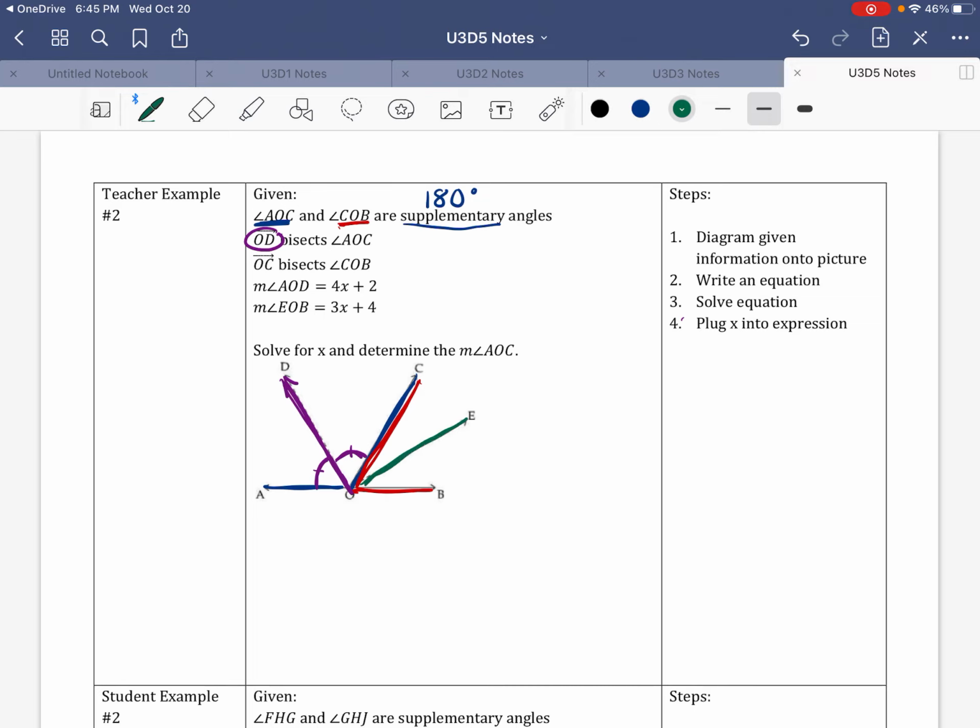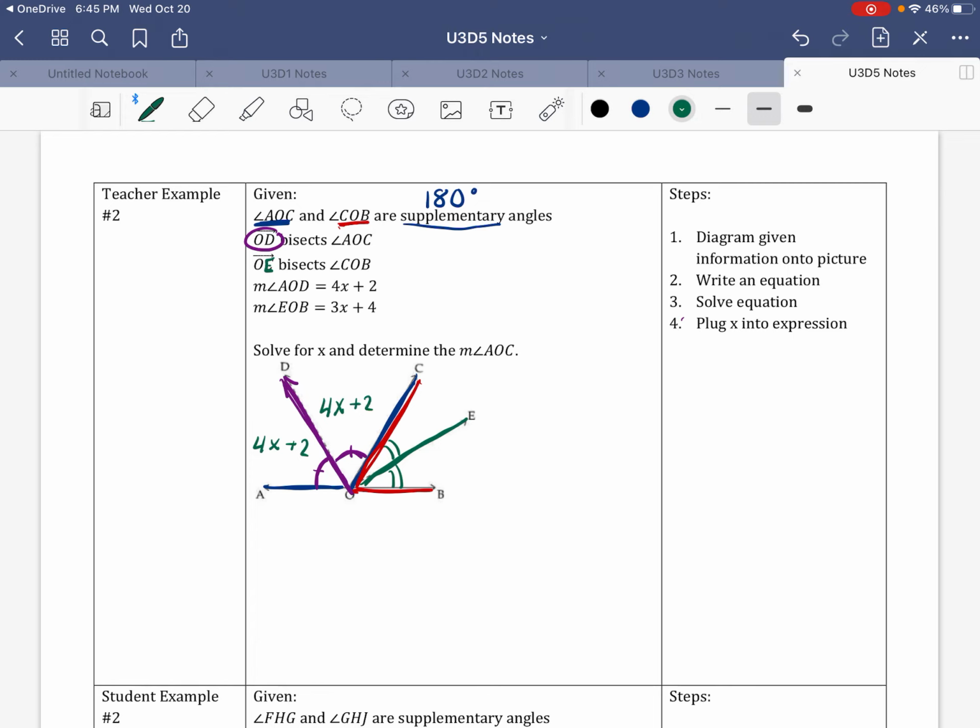OE bisects COB. So we know that this angle here is congruent to this angle. So if we're told that AOD is 4x plus 2, then we also know the other angle is congruent, so it's also 4x plus 2.